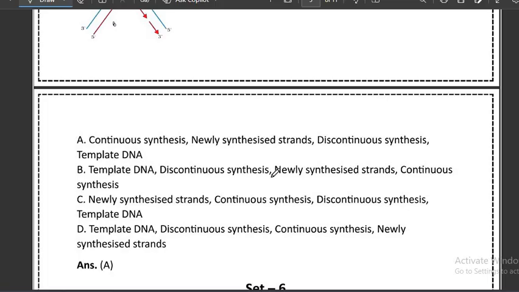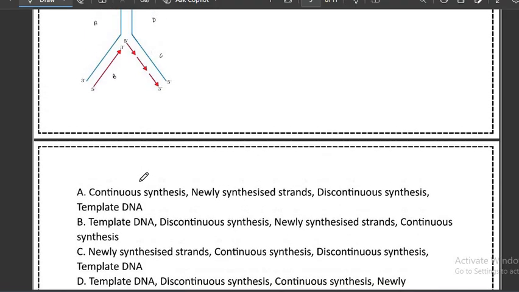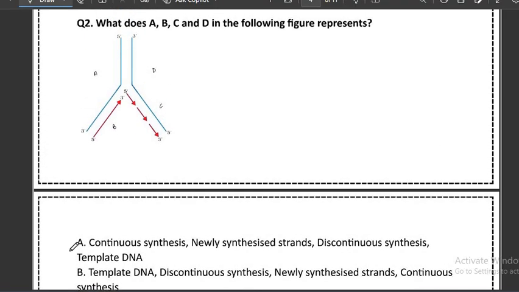B, template DNA, discontinuous synthesized, newly synthesized strand, continuous synthesized. C, newly synthesized strand, continuous synthesized, discontinuous synthesized, template DNA. D, template DNA, discontinuous synthesized, continuous synthesized, newly synthesized strand. Option A is correct.